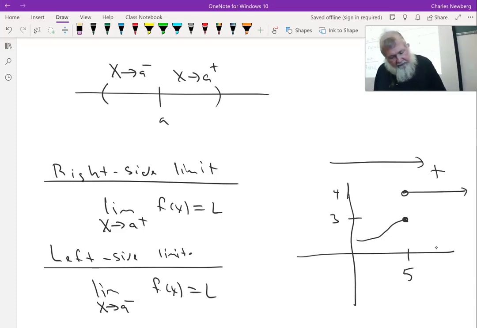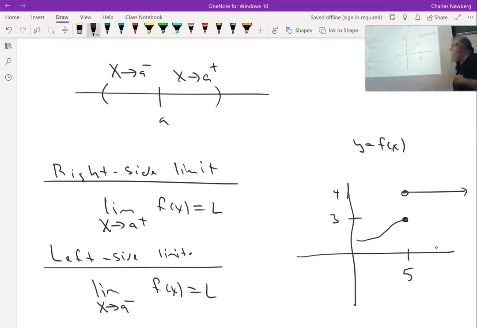And this is the graph of y equals f of x. So from those that took college algebra, this is a piecewise defined function. Those that have had me before know I emphasize piecewise defined graphs because I knew you're going to need to be able to understand them in calc.